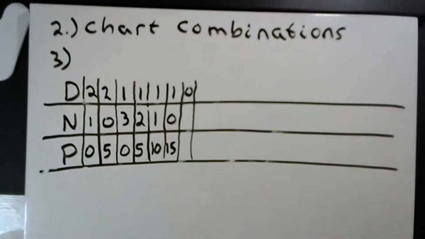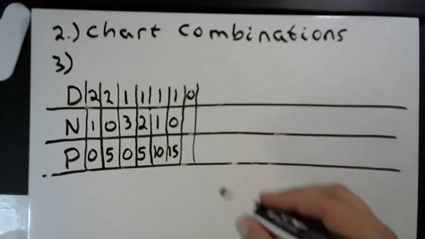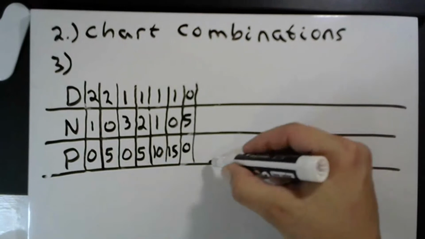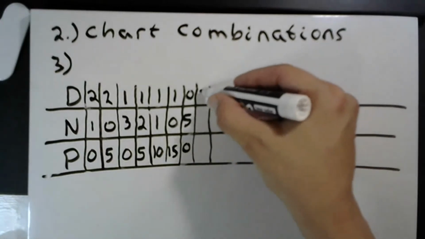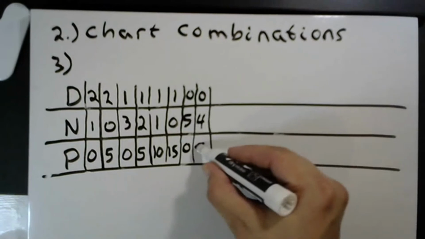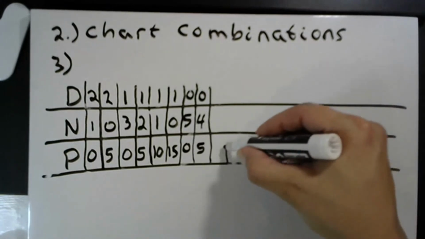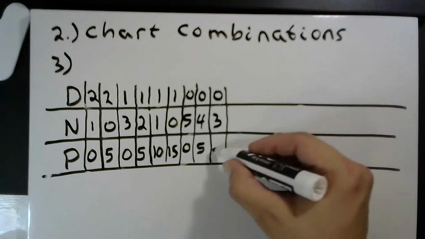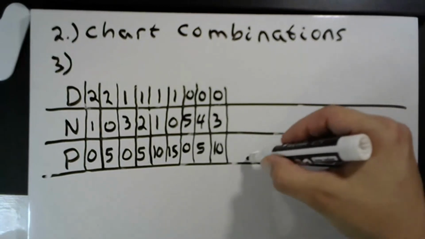Now let's go with 0 dimes. Well, we could get 25 cents with 5 nickels, 0 pennies. Or we could go with 4 nickels and 5 pennies. Or 3 nickels, 10 pennies.